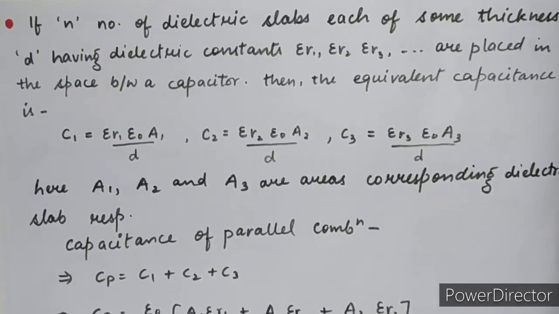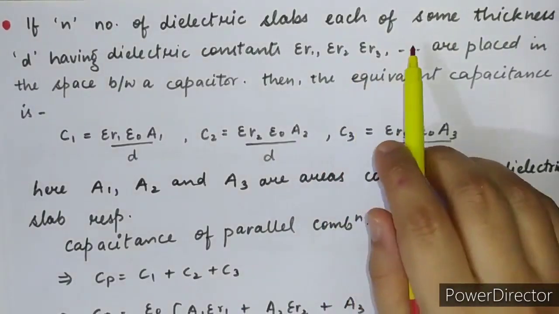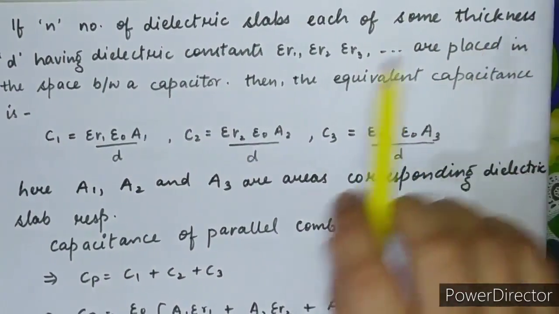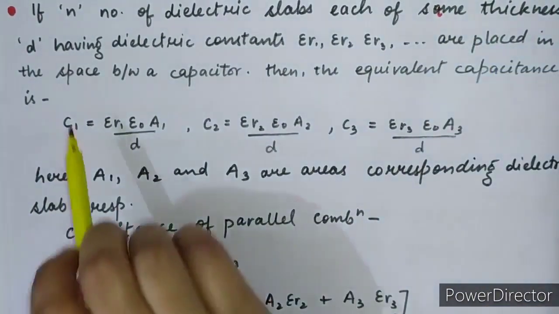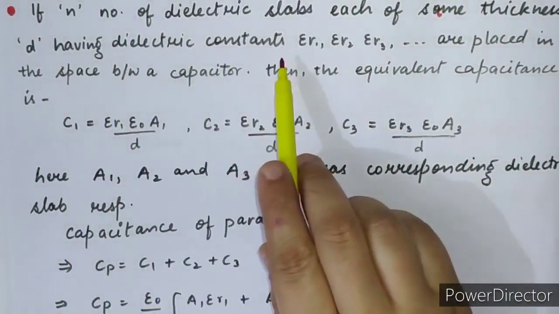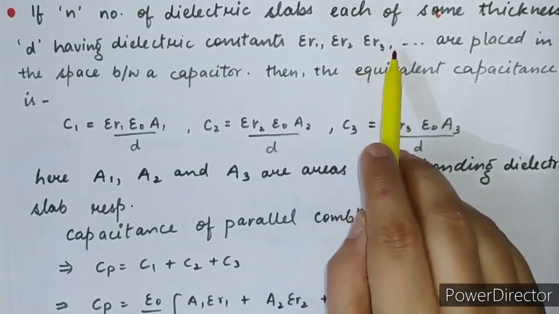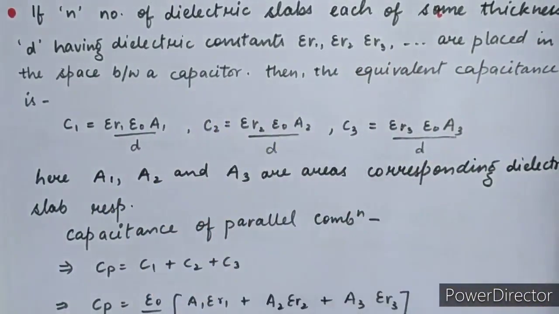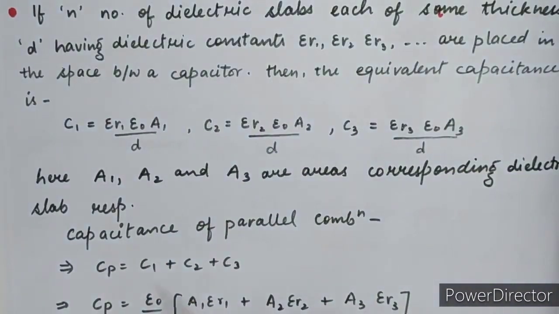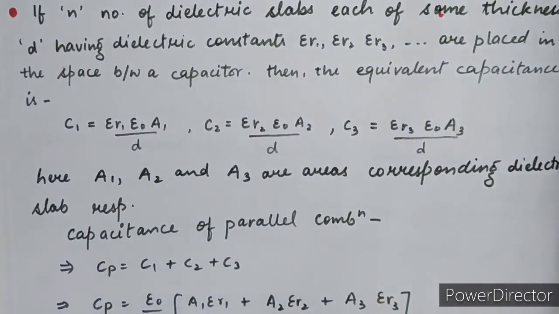Now the third important point is if n dielectric slabs, each of the same thickness D, having dielectric constants epsilon R1, epsilon R2, epsilon R3 and so on, are placed in the space between the capacitor plates, then the equivalent capacitance is found as follows. We already know the capacitance when a dielectric slab is kept between the plates of a capacitor.